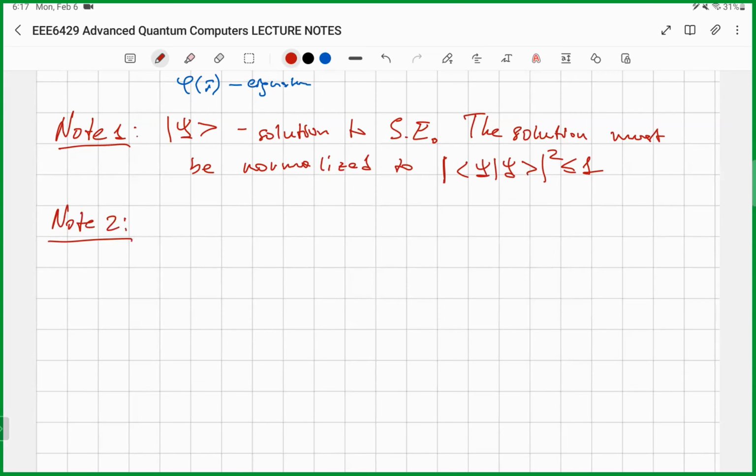So as you are probably aware, it is not sufficient to formulate the problem in terms of a differential equation, right? As here in our case, the Schrodinger equation. So it's not sufficient to write down the Schrodinger equation.